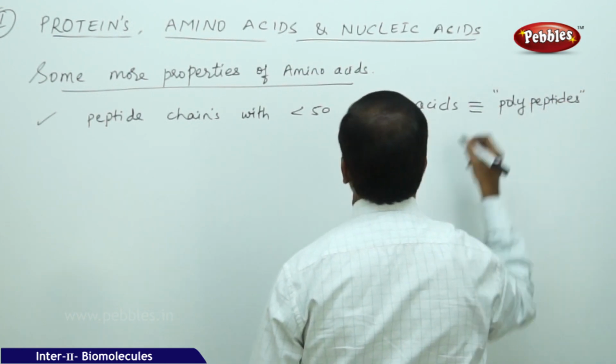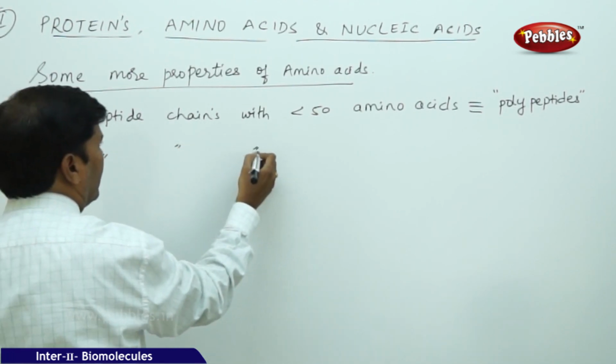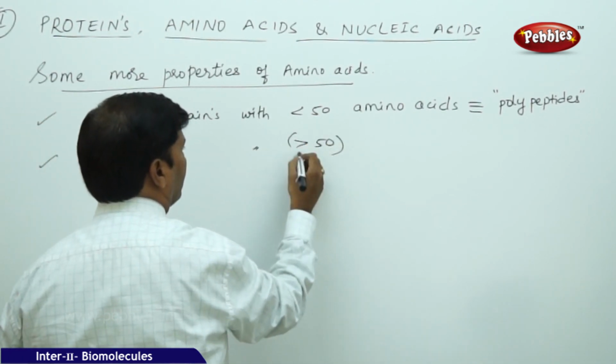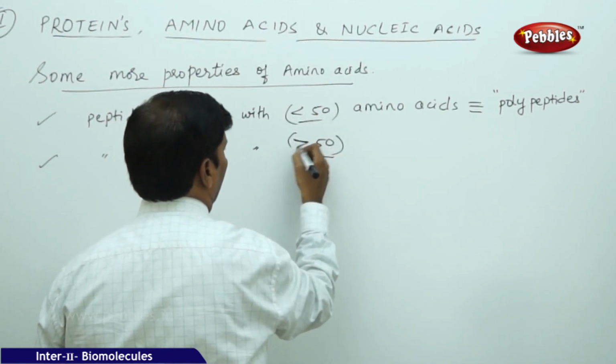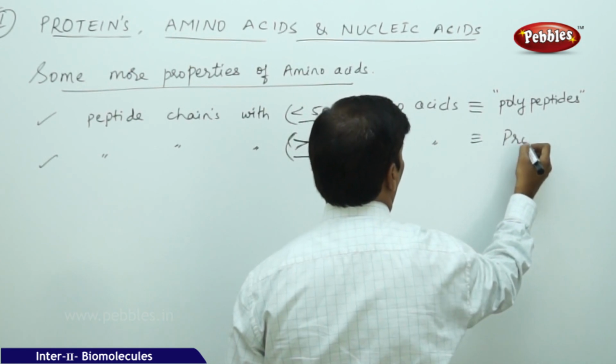And peptide chains with greater than 50 amino acids come under proteins.